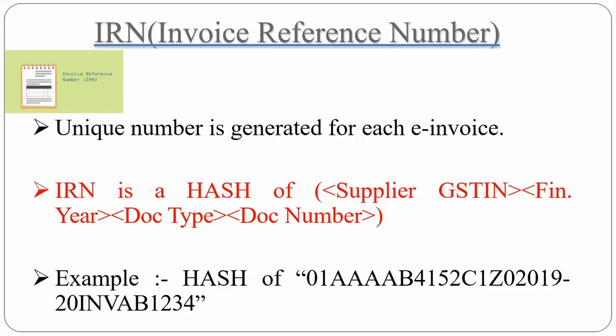It is not just aggregating these 4 things, but if you see the supplier GST number and your invoice number in the financial year, this cannot be common or repeated across the different vendors. So they are making a hash of these 4 fields and then generating an e-invoice. So hash is nothing but a computer terminology that based on these 4 inputs, they will generate a 64-digit number. Okay.